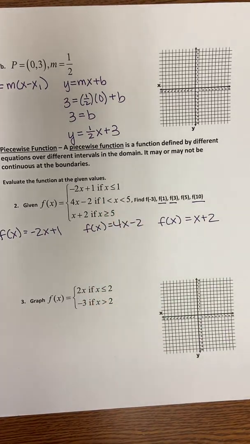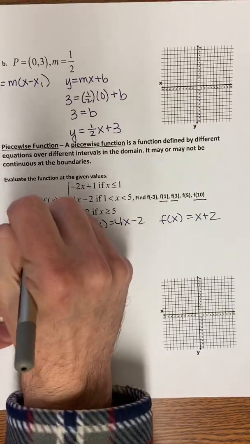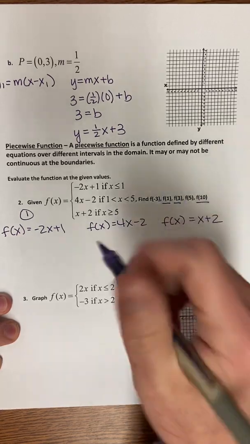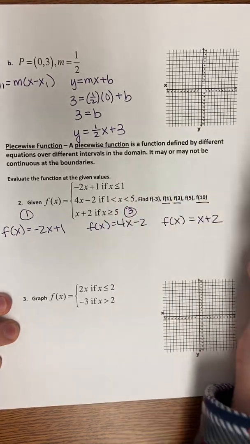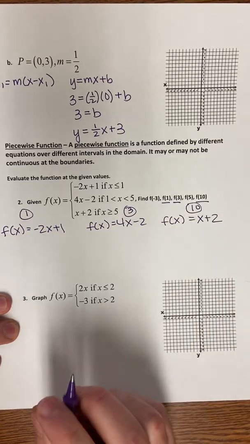So when you are plugging in a boundary point to a piecewise function, you're really looking for where the equal to sign is in the inequality, which is in the first equation. So I know 1 is going in here. When I look at where 3 is, between 1 and 5, it will go into the second function, and 10 is larger than 5, so it will go into the third.